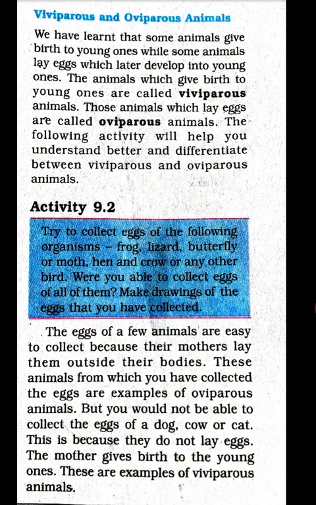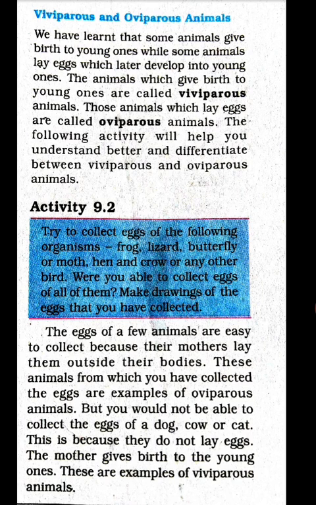We know many animals that lay eggs, and also some that give birth to young ones, like human beings, goat, dog, then cow. These animals give birth to their young ones. But birds, for example hen, crow, then parrot, etc. lay eggs.